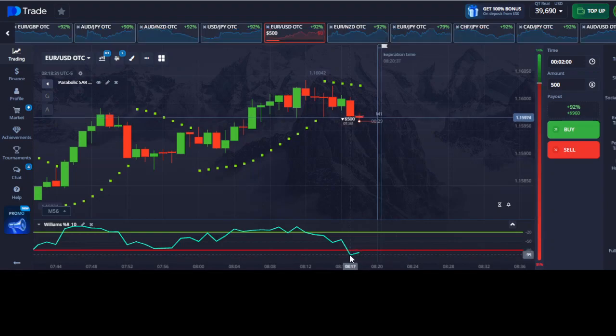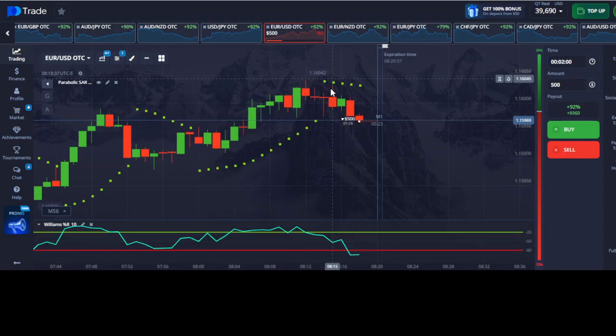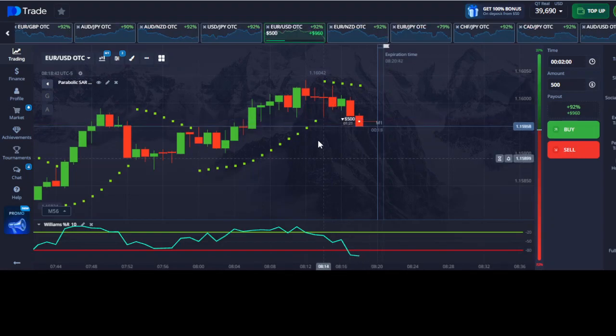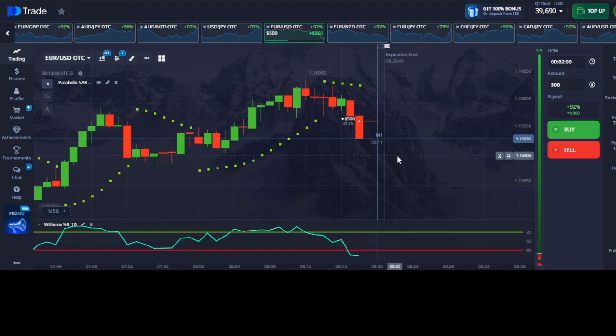In addition to that, the Parabolic SAR dots have begun to print above the candles here. So this suggests to me there's going to be a continued downward momentum in the price of the currency pair. And so let's monitor this trade and wait for the 2 minute expiration time on the trade.